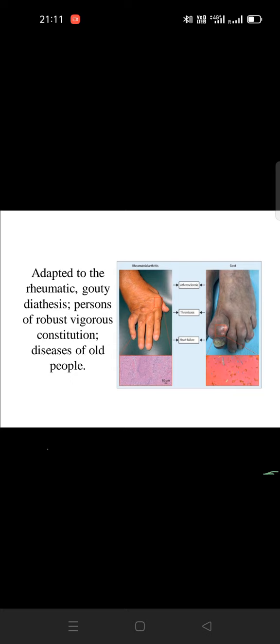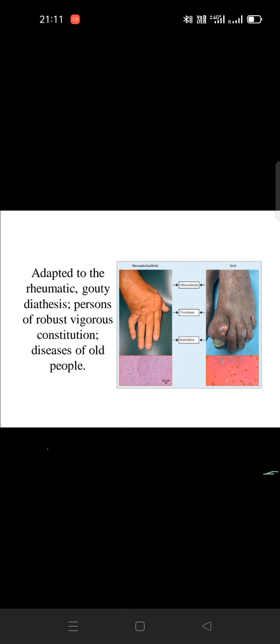Means those types of persons who have a vigorous and robust constitution. What do you mean by robust constitution? Robust constitution का मतलब होता है हट्टा कट्टा. Means a stiff body, like those who go to the gym or exercise.